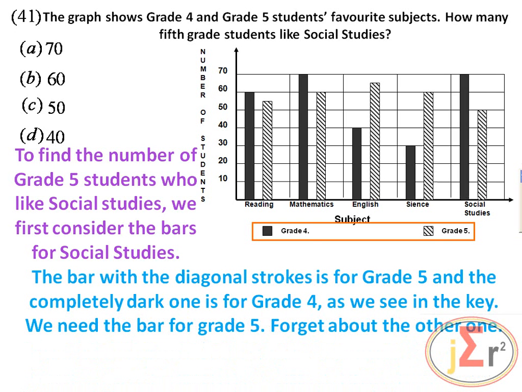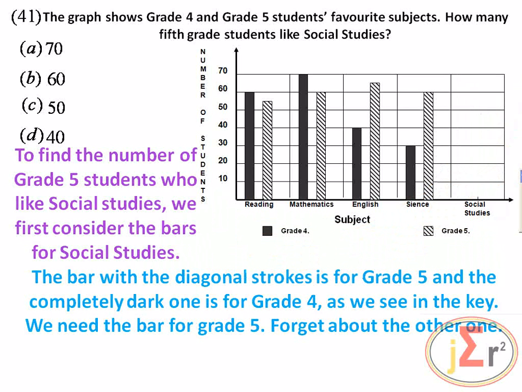The bar with the diagonal strokes is for grade 5, and the completely dark one is for grade 4, according to the key that we have right there. As we see in the key, we need the bar for grade 5, so we may forget about the other one. So how many 5th grade students like social studies? We will focus on grade 5 and forget about grade 4.